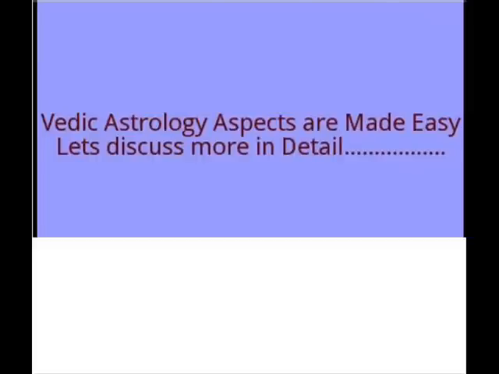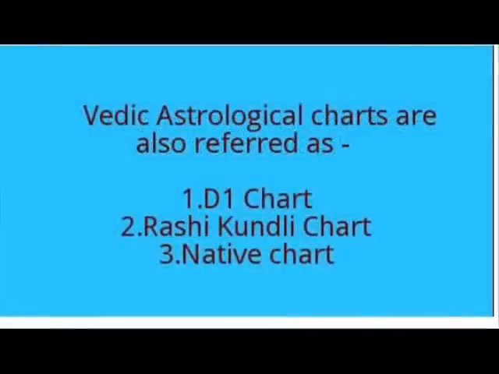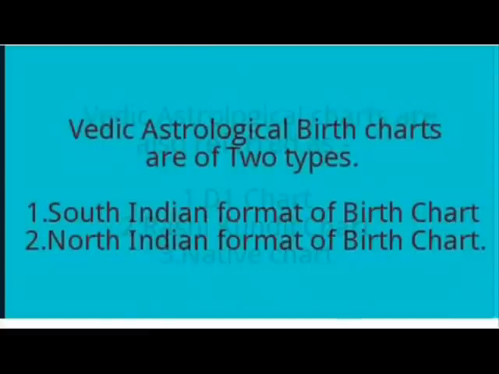As Vedic astrology is made easy and accurate, we will now stick to Vedic astrology and discuss further. In general, these Vedic astrological charts are referred to as Divan chart, Rashi Kundli chart, general native chart, or natal chart. We have two formats in Vedic astrological birth charts.